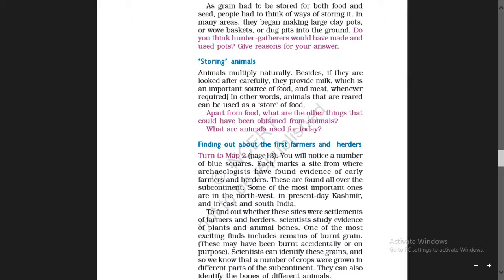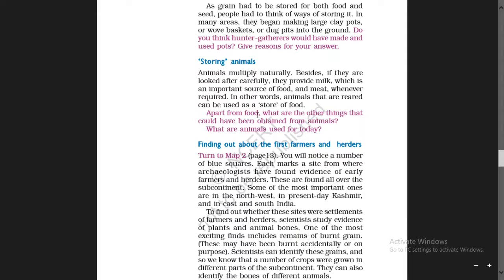If we look after them carefully, they will provide us with milk, and milk, as you know, is an important source of food. And meat also, whenever it is required. In other words, animals that are reared can be used as a store of food.